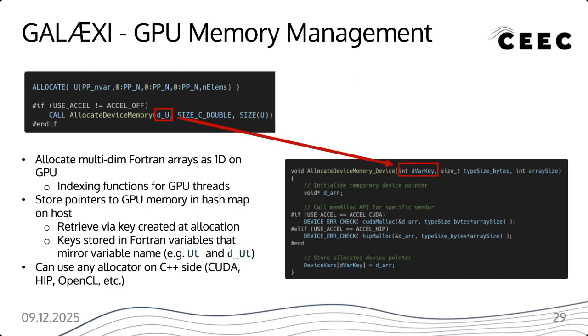We then store these pointers to this allocated GPU memory in a hash map. We save a key to that pointer, and then we pass that key back into the Fortran and save it there. Okay.